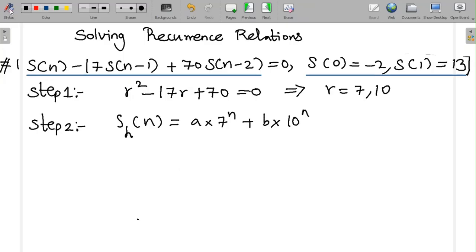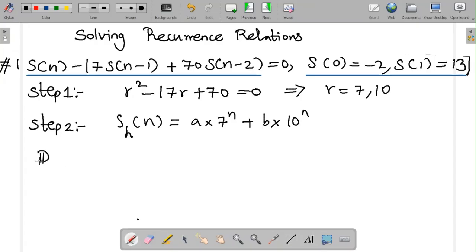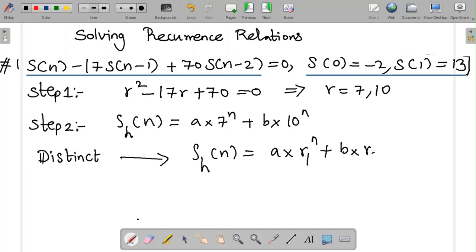So the general expression for the homogeneous part of the solution is based on the nature of the roots. If the roots of the characteristic equation are distinct, then the homogeneous part of the solution can be expressed as a times r1 power n plus b times r2 power n, where r1 and r2 are the roots of the characteristic equation.